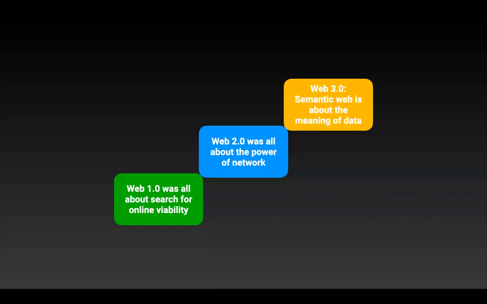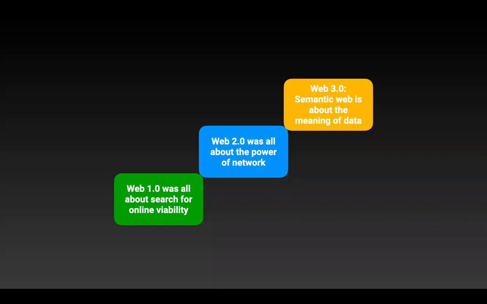And now Web 3.0 is all about the meaning of data. A lot of data is available. If you just add one keyword, you get thousands of recommendations. It is quite a fact that all those 10,000 recommendations I'm getting are meaningless for me.